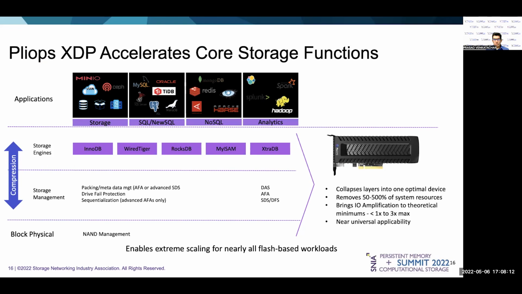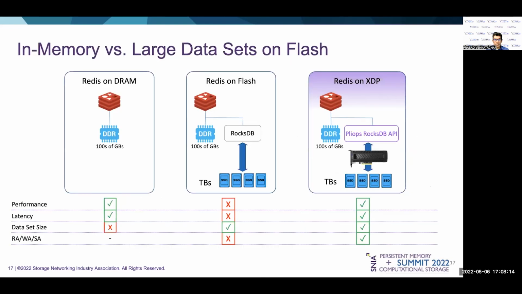Now switching back to Redis, an in-memory application extended onto flash. With Redis on DRAM, you get the best performance and latency, but you can't address a large data set. With Redis on flash, you can address a large data set, but you miss out on performance and latency.